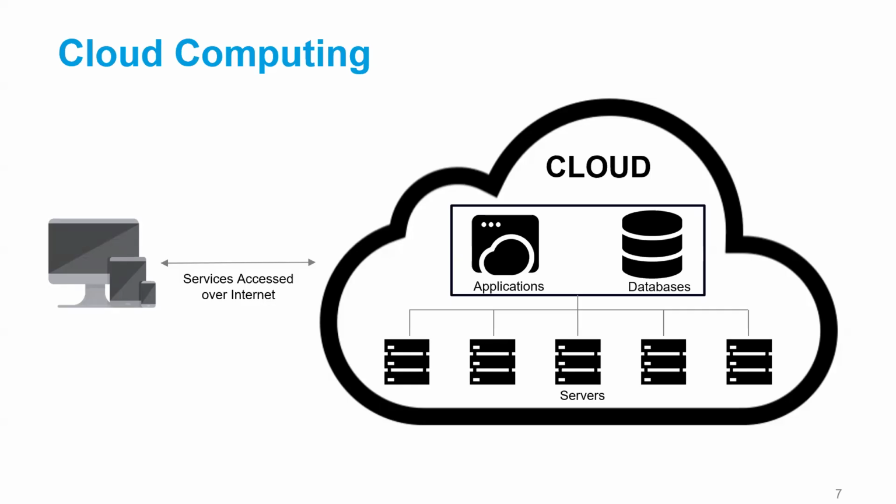You don't have to buy anything. You don't have to go to some shop. Even at 1 a.m., 2 a.m., you can directly log in, but you must have the internet. Because here all services are accessed over the internet. If you have internet connectivity, you can access those services, applications, databases, servers.